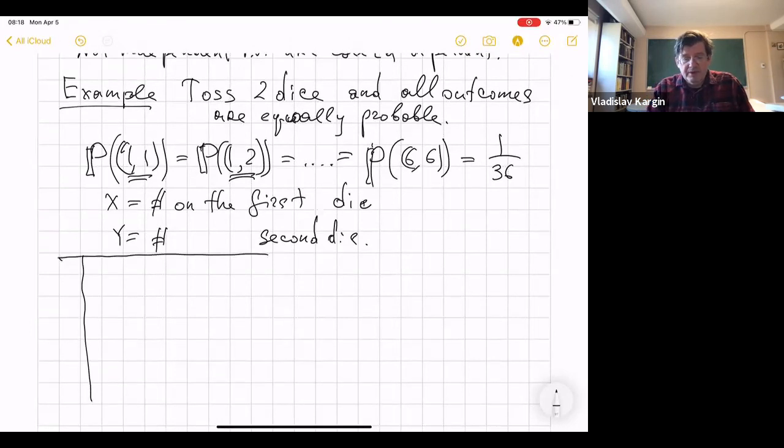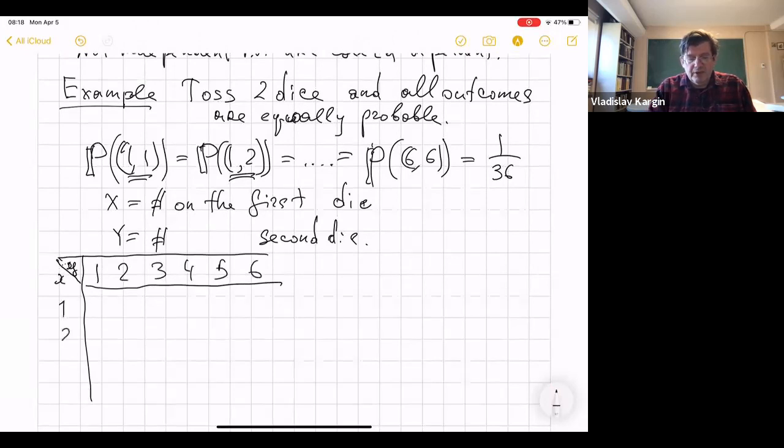So x here, y here, like before. y can be equal to 1, 2, 3, 4, 5, 6.